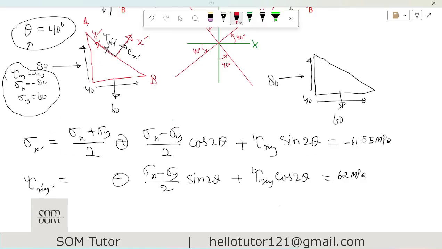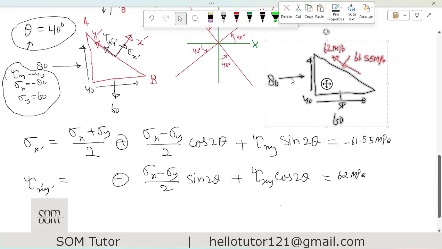Negative means compression, because it is away from AB; we got negative, so it means it is opposite. So it is 61.55 megapascal. Now we got 62 megapascal as shear. 62 is positive, so it means the same direction as this. Now let us compare this also and see if we got the same answer.